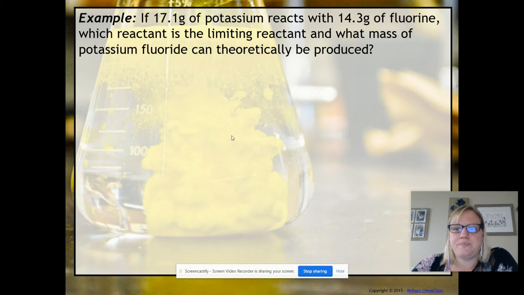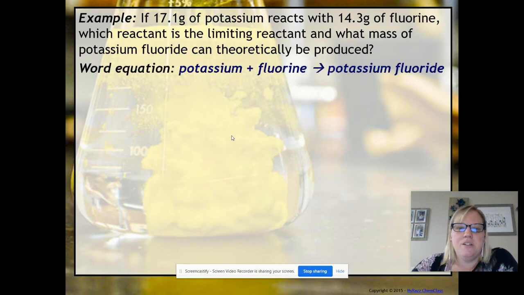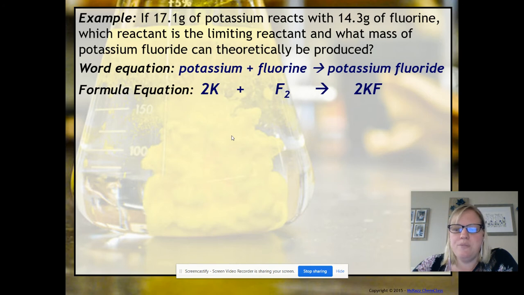All right, so we have to look at this and figure out with each one of these amounts, so with the 17.1 grams of potassium and with the 14.3 grams of fluorine, how much potassium fluoride are we going to get? So let's go ahead and write out our equation. The word equation is potassium plus fluorine reacts to form potassium fluoride. All right, we're going to write out a formula equation.